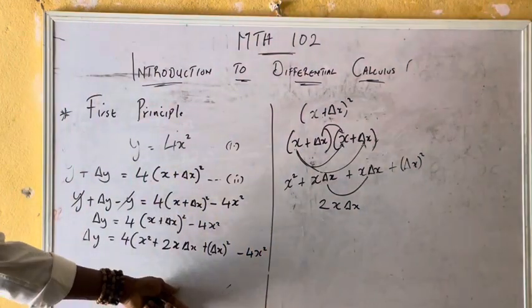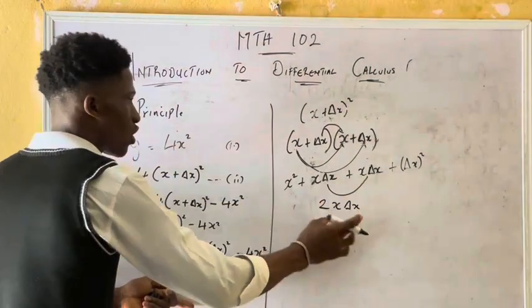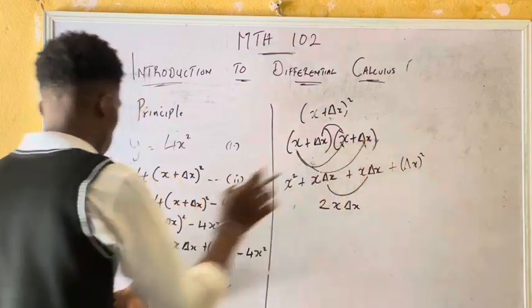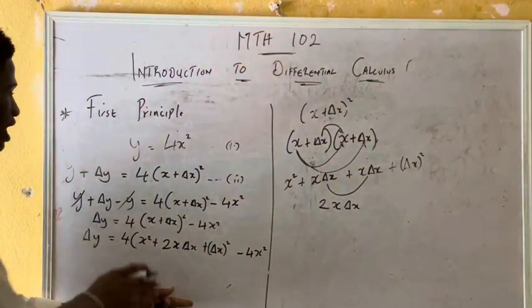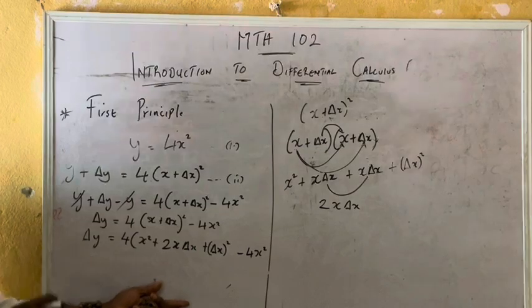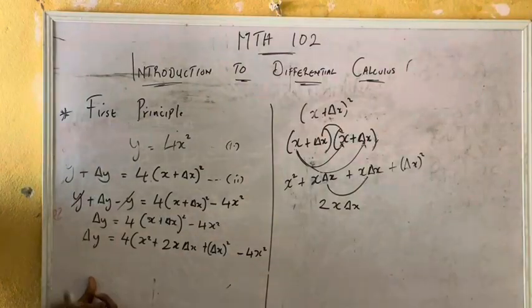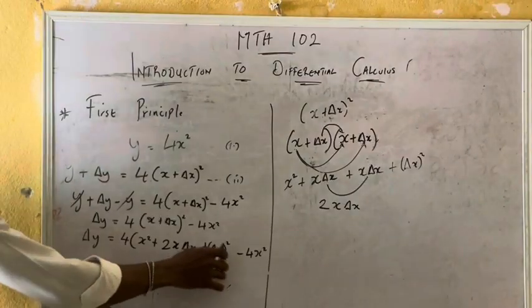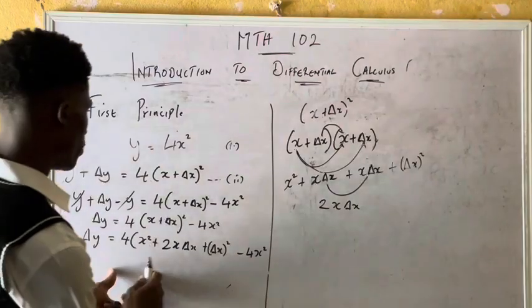Very simple. After expanding, collect like terms, you put this whole stuff back into this place, and this is what you get. Just take a minute and look at it. So after this, what do you think is next? We are having a bracket here.